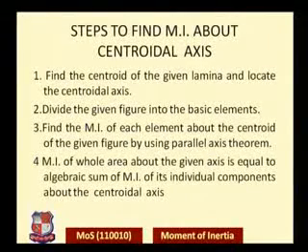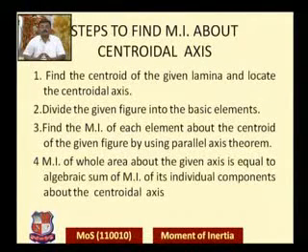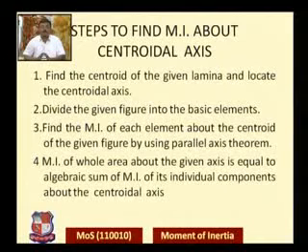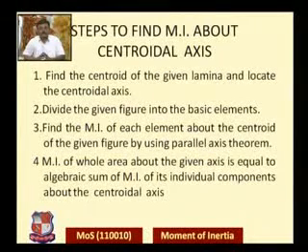The second type of problem, as I just said, is that you may be asked to find the MI about the centroidal axis. So whenever the word centroidal is there, immediately you have to think of the centroid. First of all, by the usual procedure, you have to find out the centroid of the given lamina. And then after, the rest of the steps are very similar. You discretize the given figure into standard shapes such as rectangle, triangle, semicircle, quarter circle, like that.